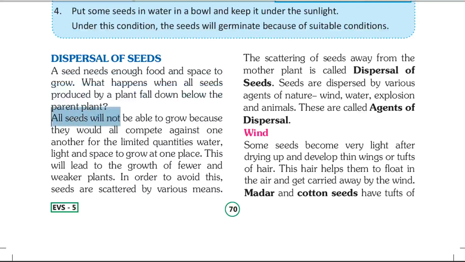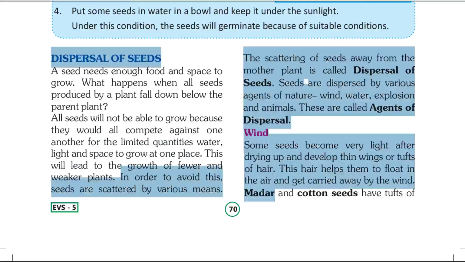All seeds will not be able to grow because they would all compete against one another for the limited quantities of water, light and space to grow at one place. This will lead to the growth of fewer and weaker plants.